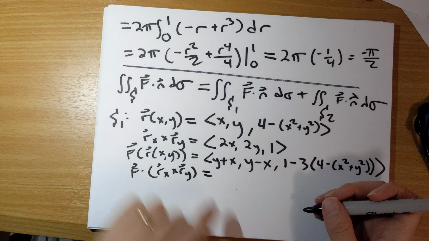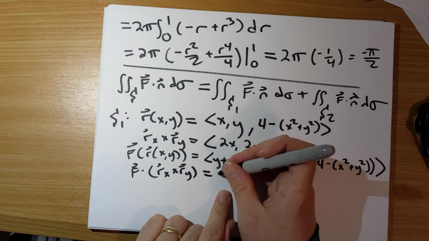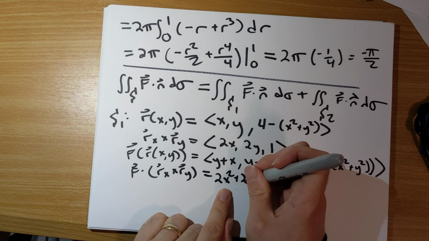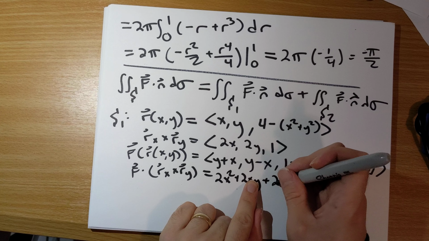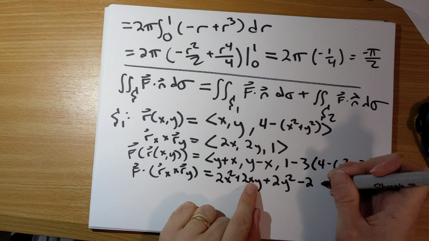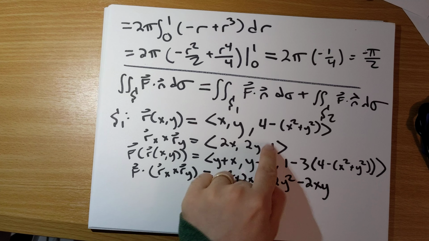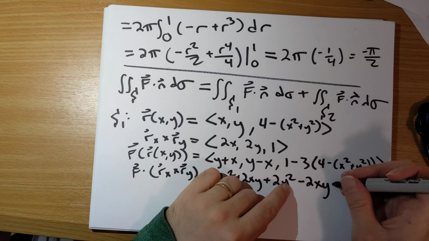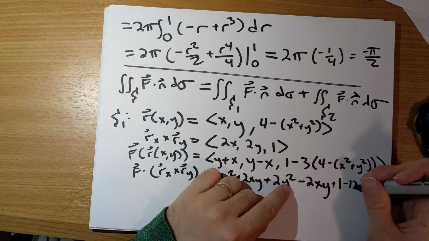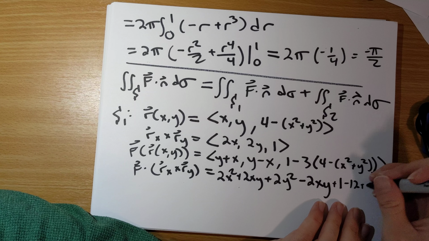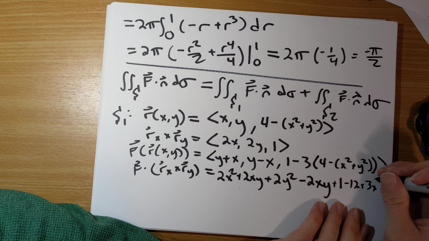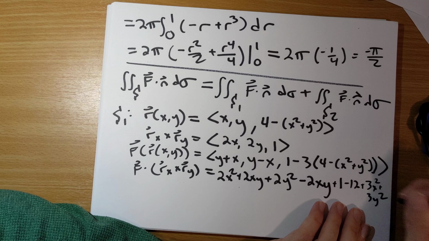And so it's going to be 2x times this is 2x squared plus 2xy. Plus 2y times this will give us 2y squared minus 2xy. And 1 times this will give us 1 minus 12. And then minus times minus is plus 3x squared plus 3y squared.